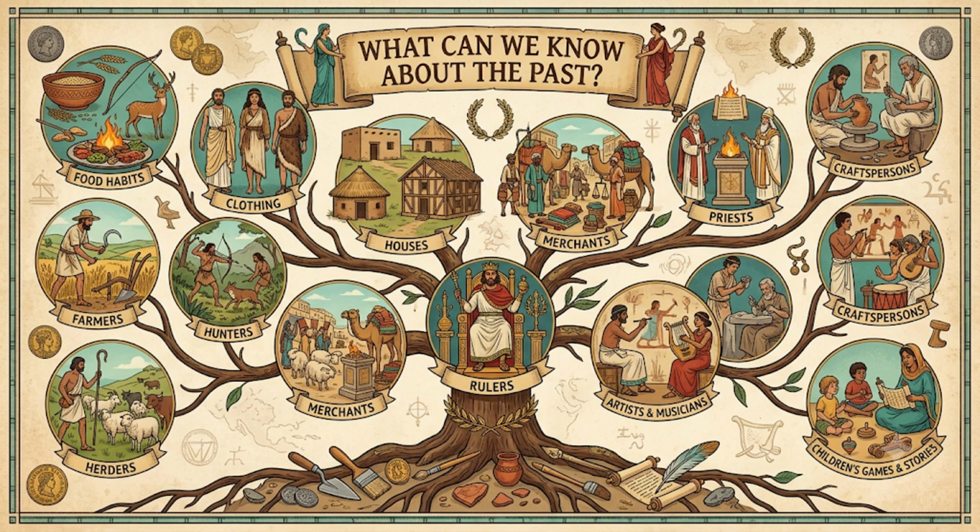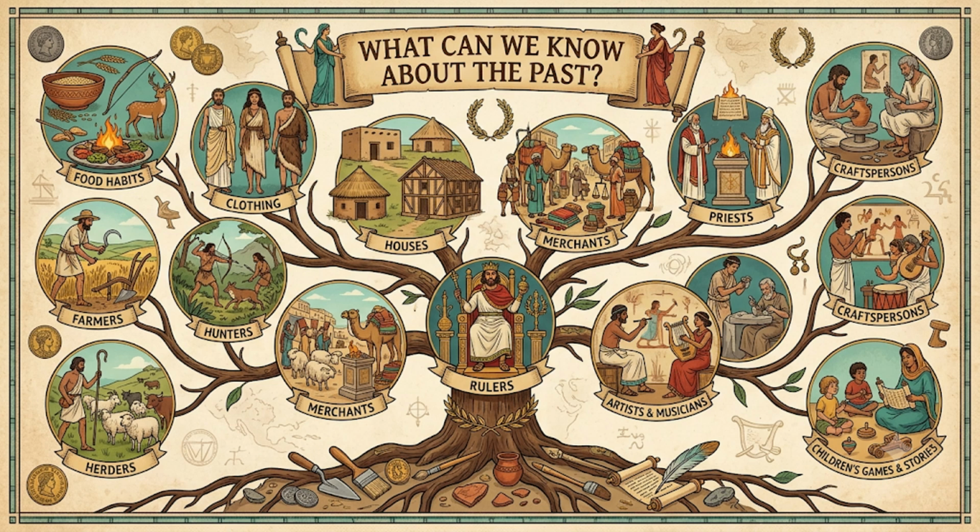What can we know about the past? When we study history, we learn much more than just the stories of kings and wars. History tells us what people ate, the clothes they wore, the houses they lived in, and the occupations they followed.